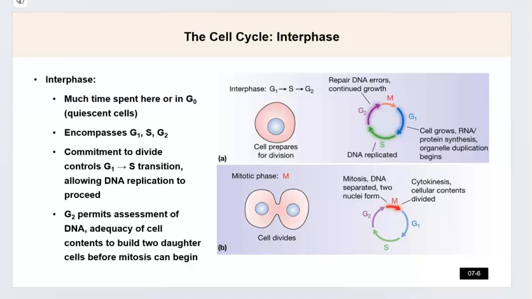So you have three subphases: G1, S, which is synthesis, and G2. G1 is the most variable portion, and the amount of time that the cells spend in this period is very individualized for what type of cell it is. Cells with high rates of division spend less time in G1 than cells with less frequent division.